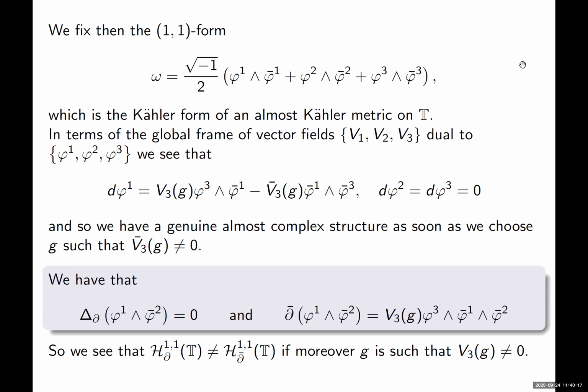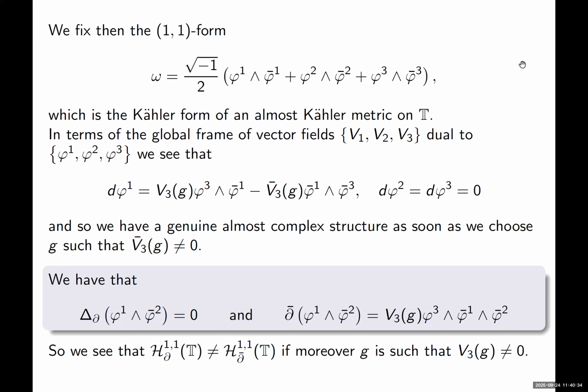Moreover, we can compute that the form phi 1 wedge phi 2 bar is always del harmonic. On the contrary, its del bar depends, again, on v3 g.